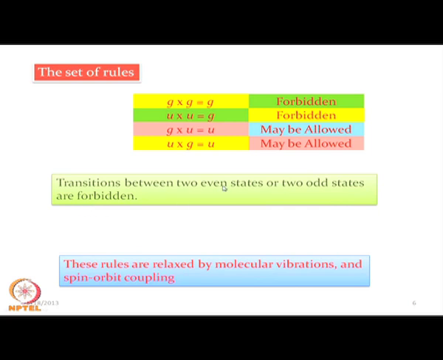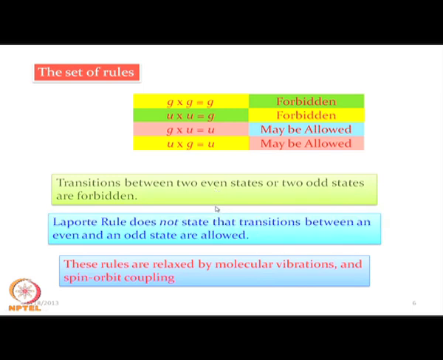So, if the d orbitals are in octahedral symmetry, with the inversion symmetry there and the system centrosymmetric, and the excited state is also of the same type, then we do not expect any transition from one even g state to another even g state.